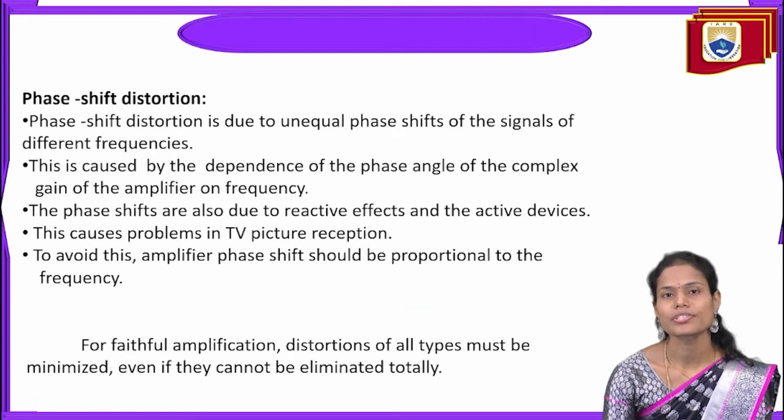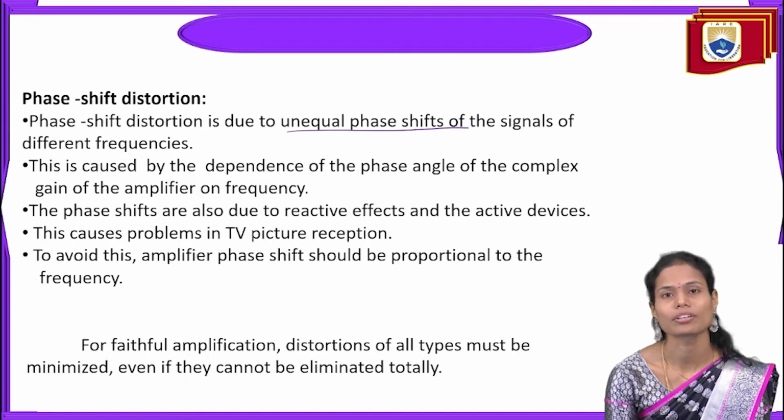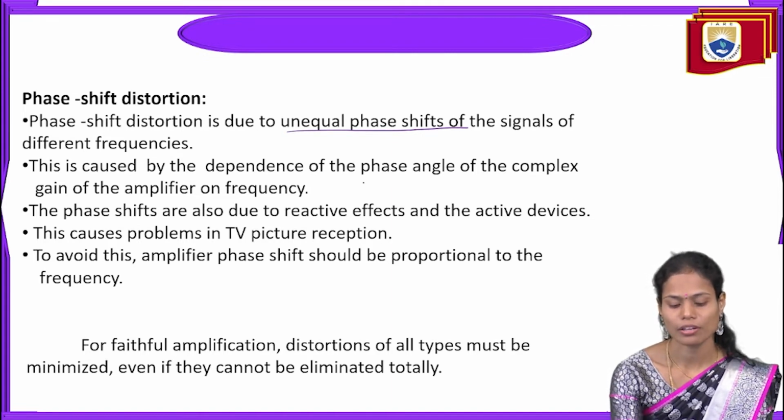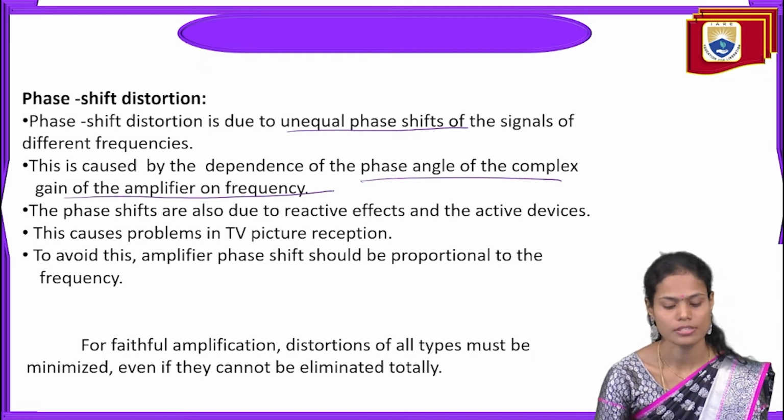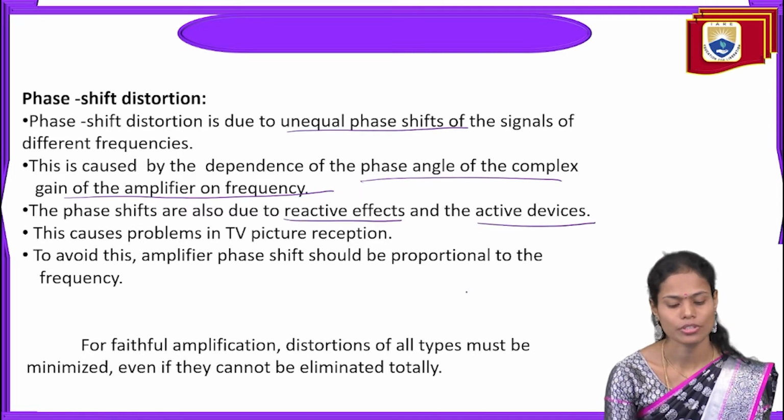And next, phase shift distortion. This phase shift distortion is due to the unequal phase shifts of signals of different frequencies. This is caused by the dependence of the phase angle of the complex gain of the amplifier on the frequency of the signal. These phase shifts are due to the reactive effects as well as active devices in the circuits.